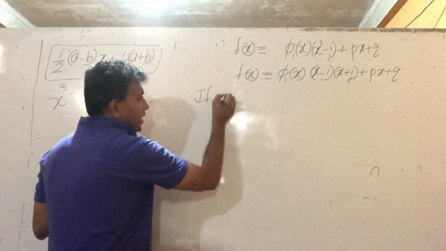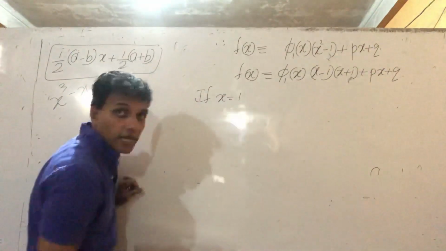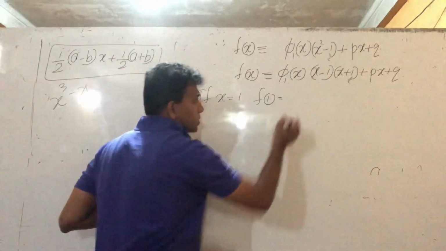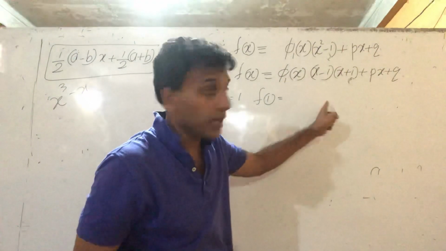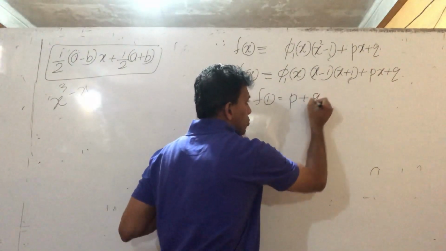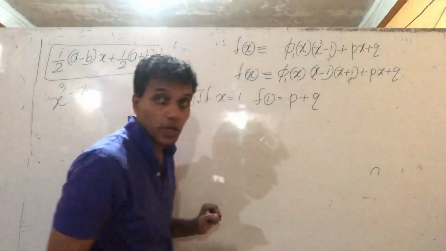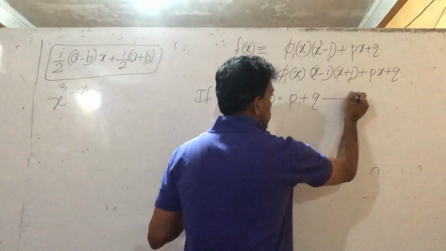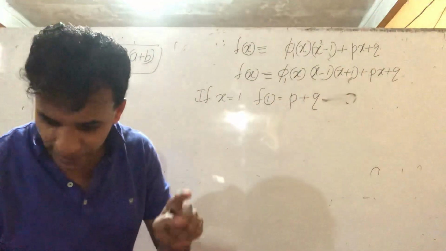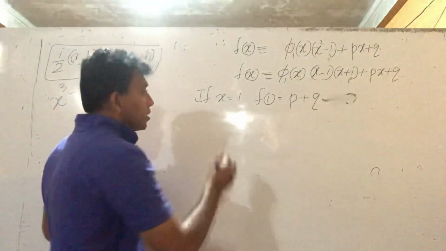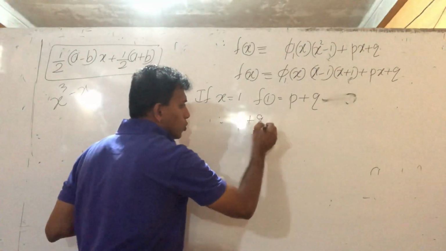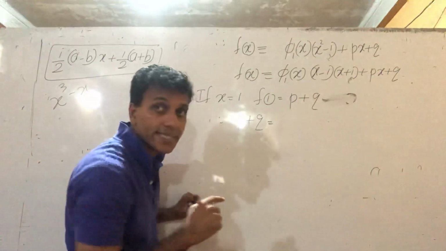If x equals 1, so f(1), this is 0, 1 times p plus q, p plus q, right? We say first equation. Now, what is f(1)? They said f(1) is a. Therefore, p plus q equals f(1), which is small letter a.